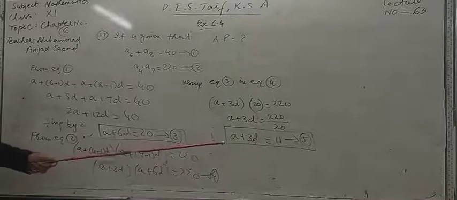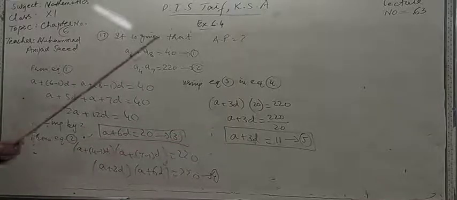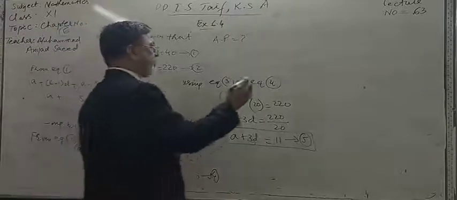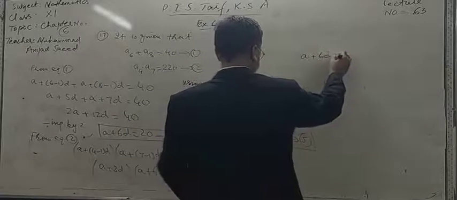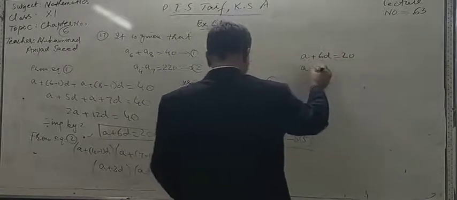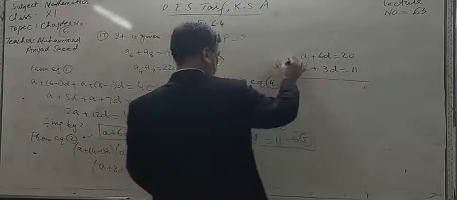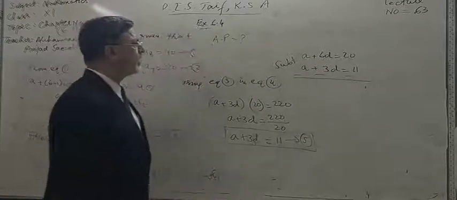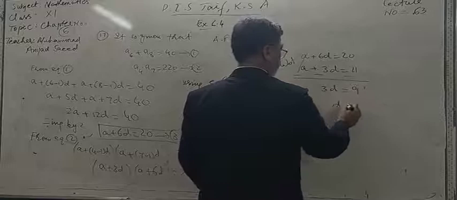They will be solved simultaneously to find the values of a and d. So here we have a plus 6d is equal to 20 and a plus 3d is equal to 11. Subtracting, change the sign. They are cancelled out. 3d is equal to 9 and d is equal to 3.